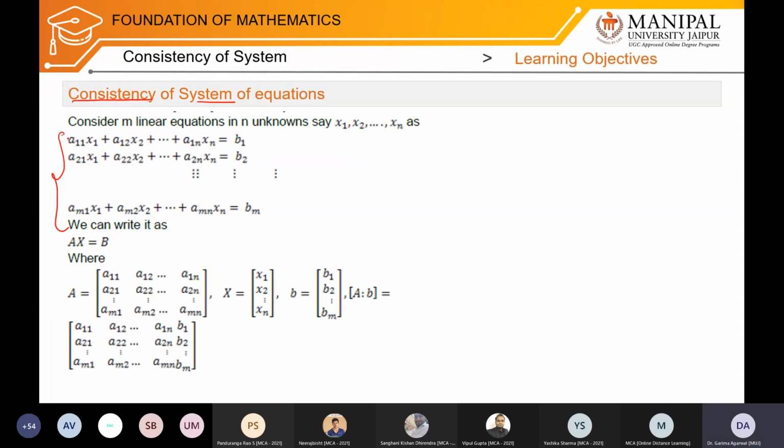So if we write all the left hand side constants in a matrix form in the same sequence, it is known as a matrix A or coefficient matrix.